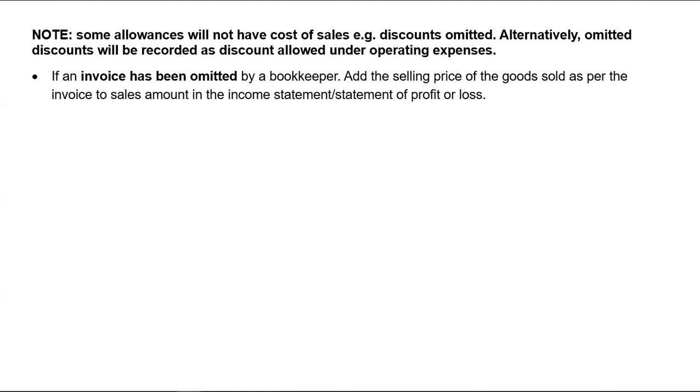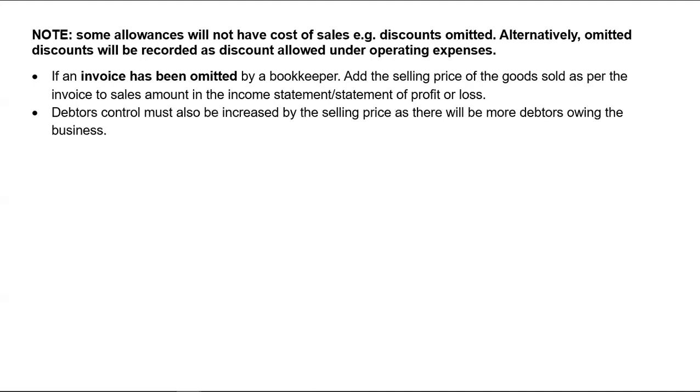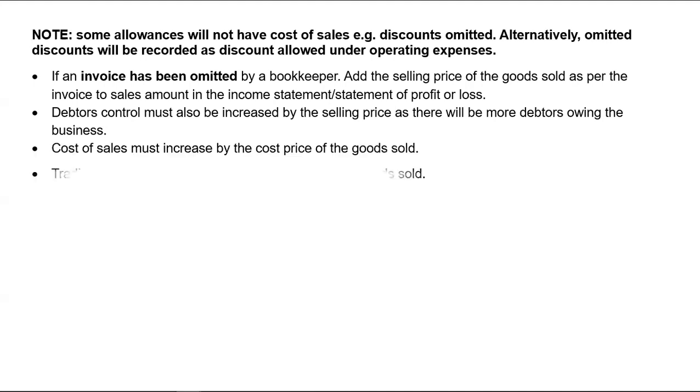Let's move on. So you will simply debit debtors control by the selling price, as it means that debtors will owe us more. So you credit sales at selling price, you debit debtors control at selling price. And then you debit cost of sales at cost price, and then you credit trading stock at cost price. Cost of sales will always go up on the debit side whenever we sell goods.